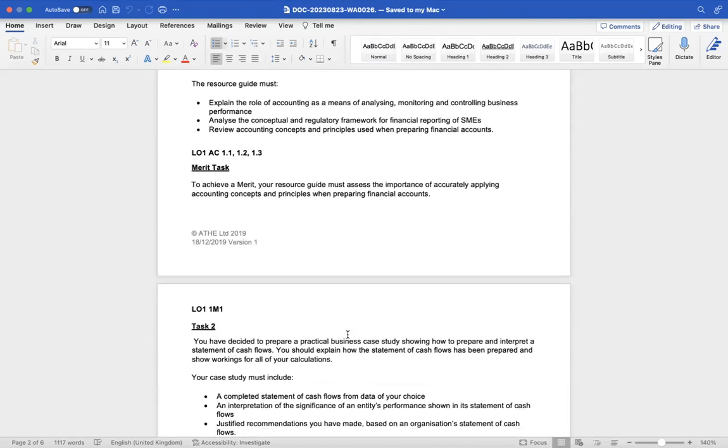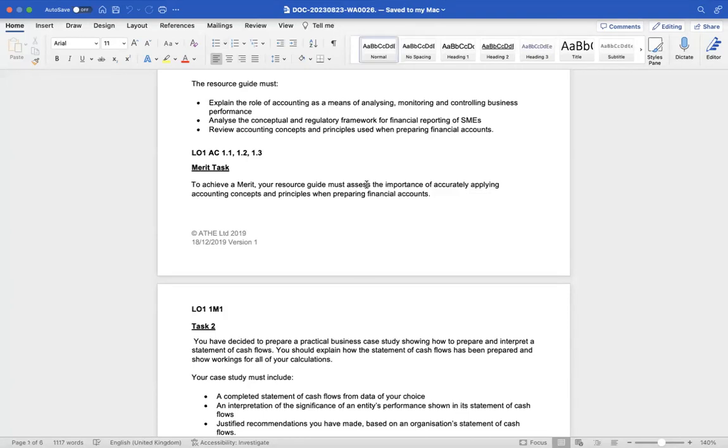Okay, so next one is demonstrating the importance of accounting applications. In this section, you will assess the significance of accurately applying accounting concepts and principles when preparing financial accounts.